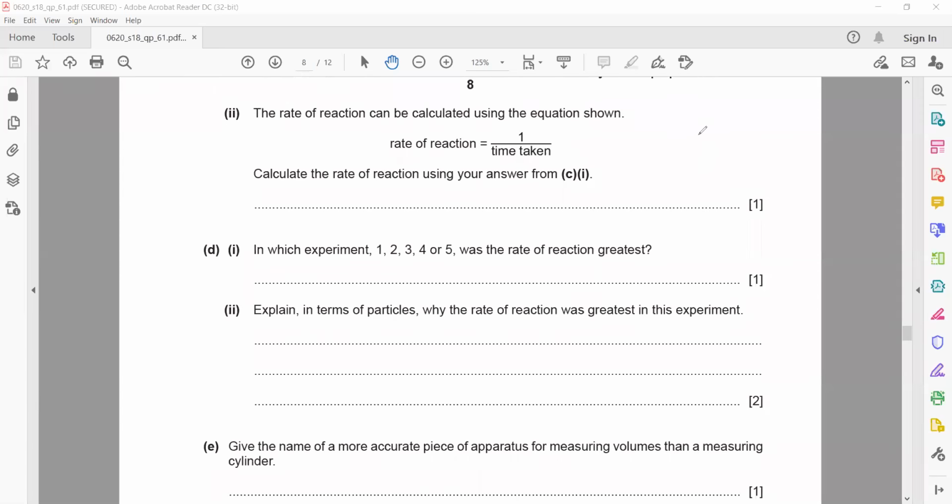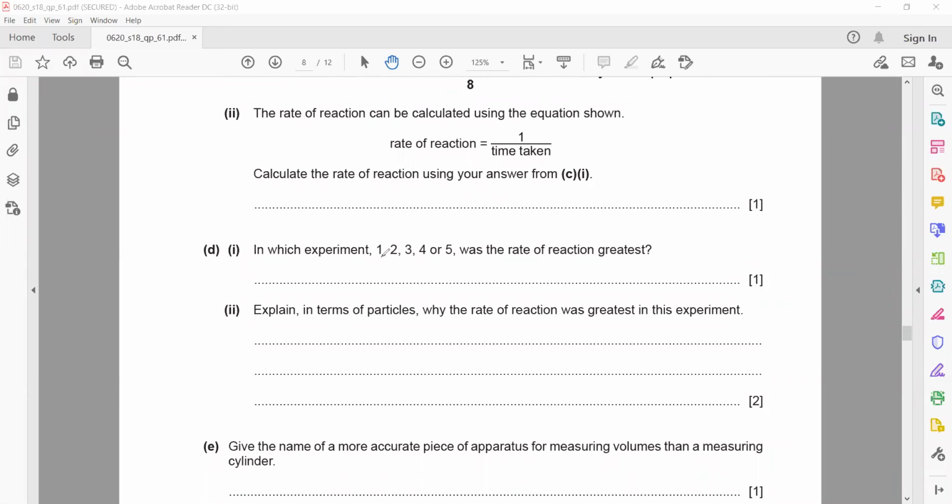It is 0.00741 per second, or second inverse, or you can also write 7.41 × 10⁻³ s⁻¹.